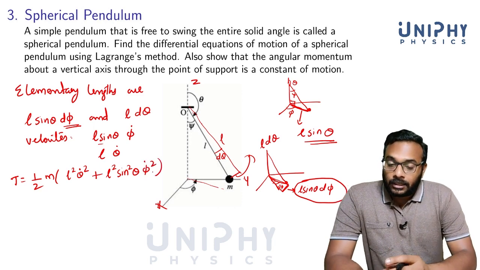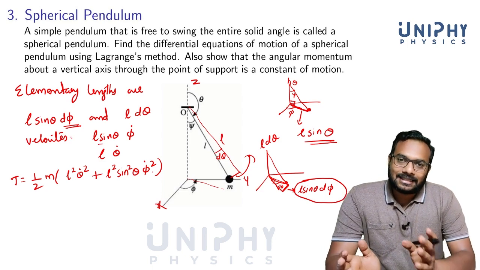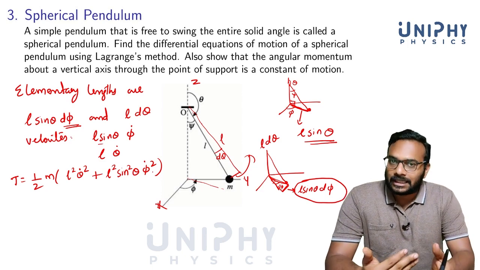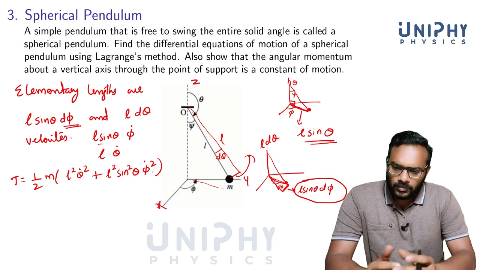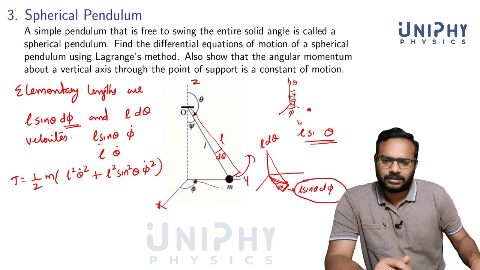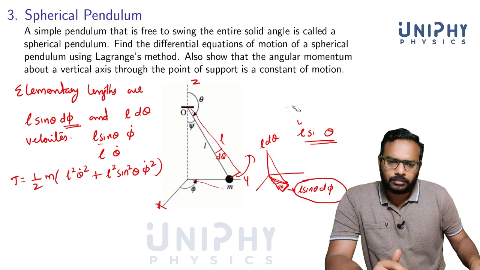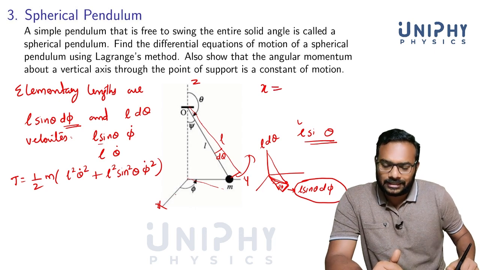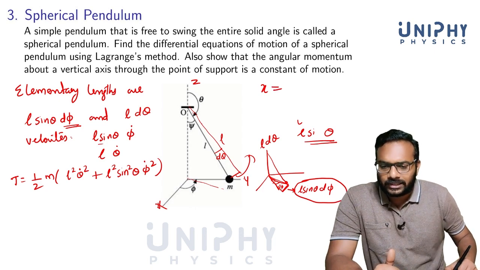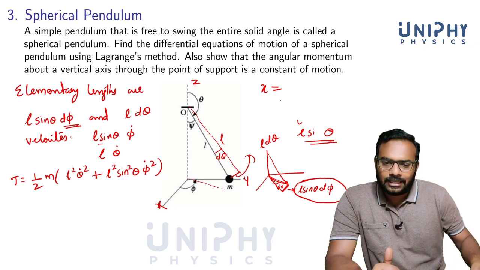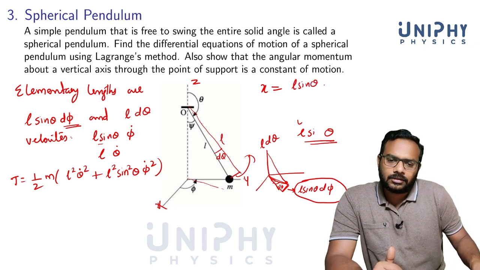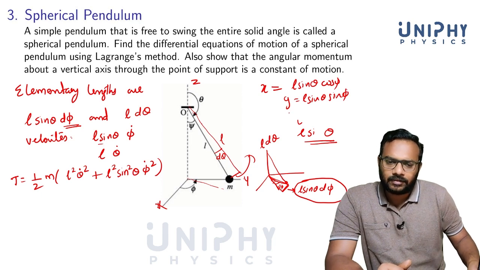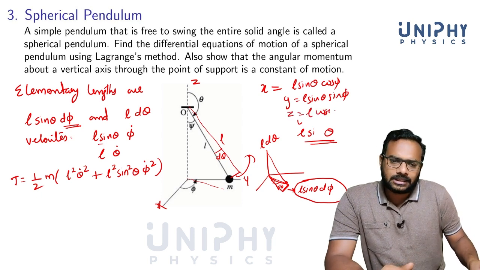We could also use the transformation equations between Cartesian and spherical polar coordinates and do these calculations. If you like to do it in the brute force way, you know that x is equal to L sine theta cos phi, y is equal to L sine theta sine phi, and z is equal to L cos theta.